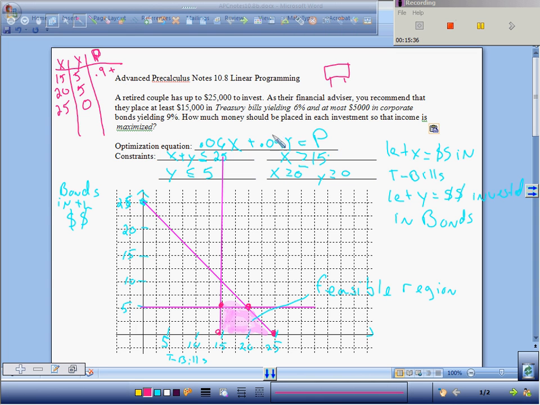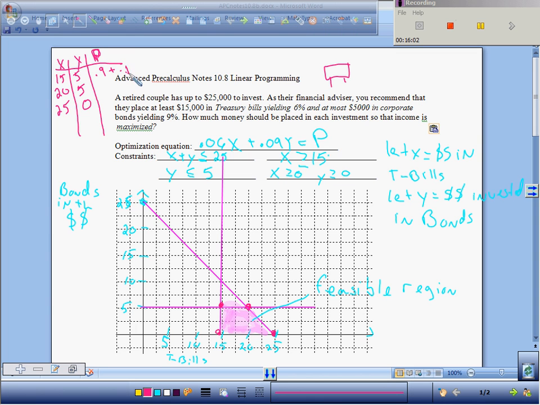Plus 5 times 0.09, which gives you 0.45, right?